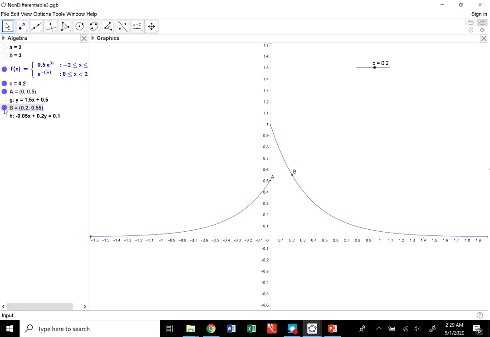Once again, if we adopt this strategy of drawing a secant line, now notice what I am doing. If I want to draw the tangent line at x equal to 0, well, I put a solid dot here to indicate that at x equal to 0, the function has a value of 0.5.